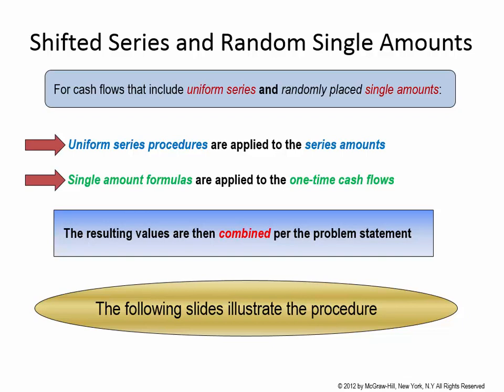In a complex cash flow that has both, we ultimately have to combine when we're either discounting from the future to the present or compounding from the present into the future. And just to reemphasize the language that I used there, let's say we have a cash flow diagram like this, and we make some deposits, and then we want to find out what's the value in the future. If we know some interest rate, let's say it's unknown, but in a problem statement it would be given.